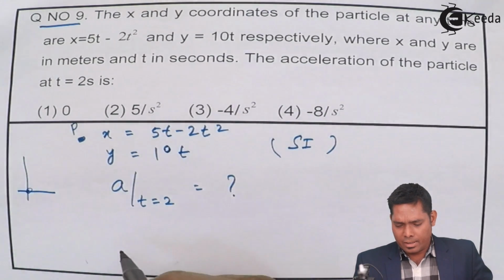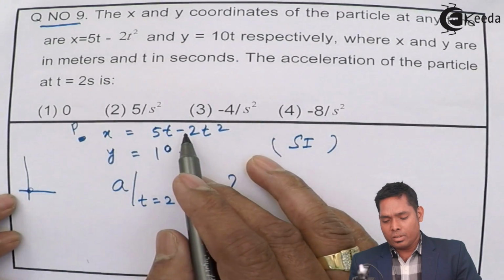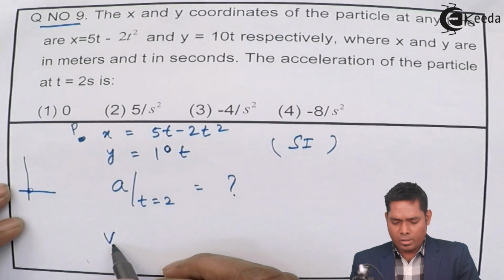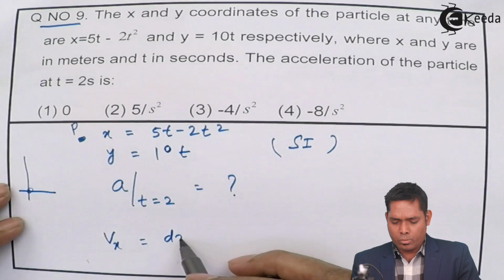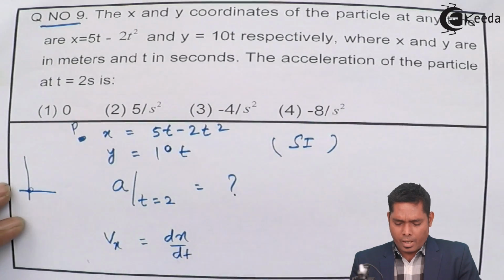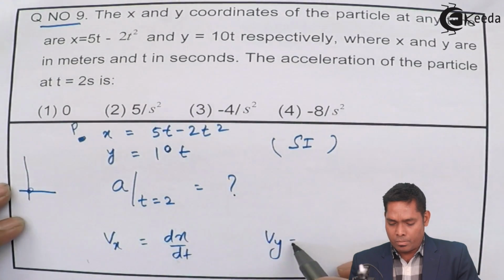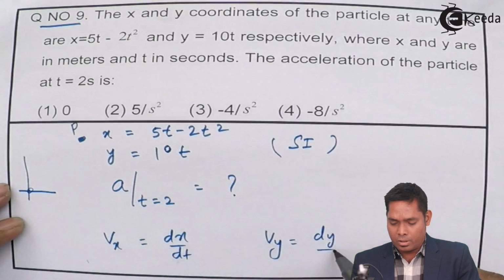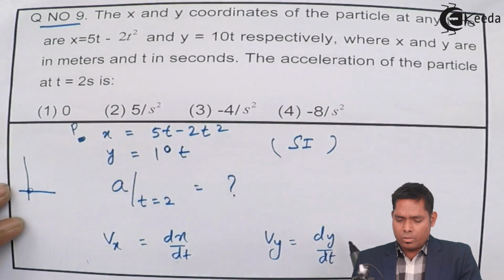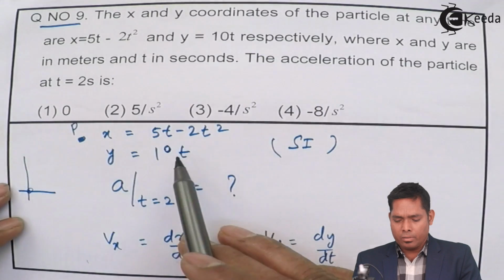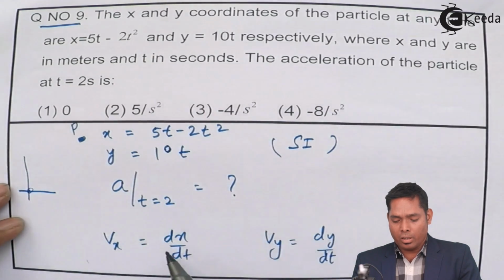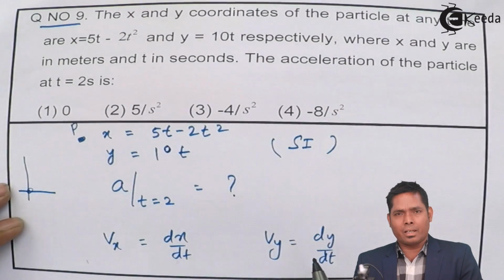So vx, the x component, will be dx over dt, and similarly vy will be dy over dt.